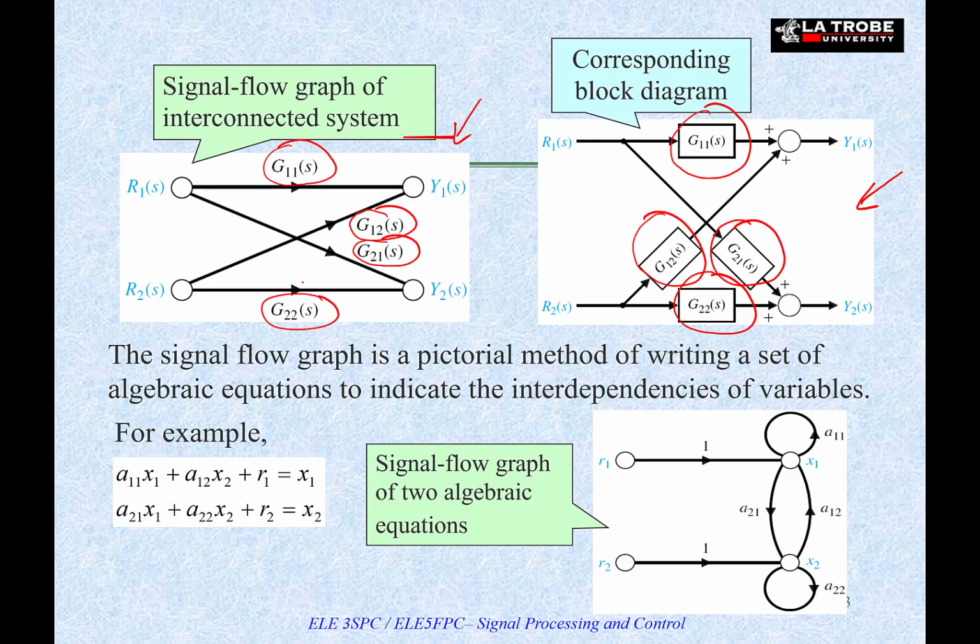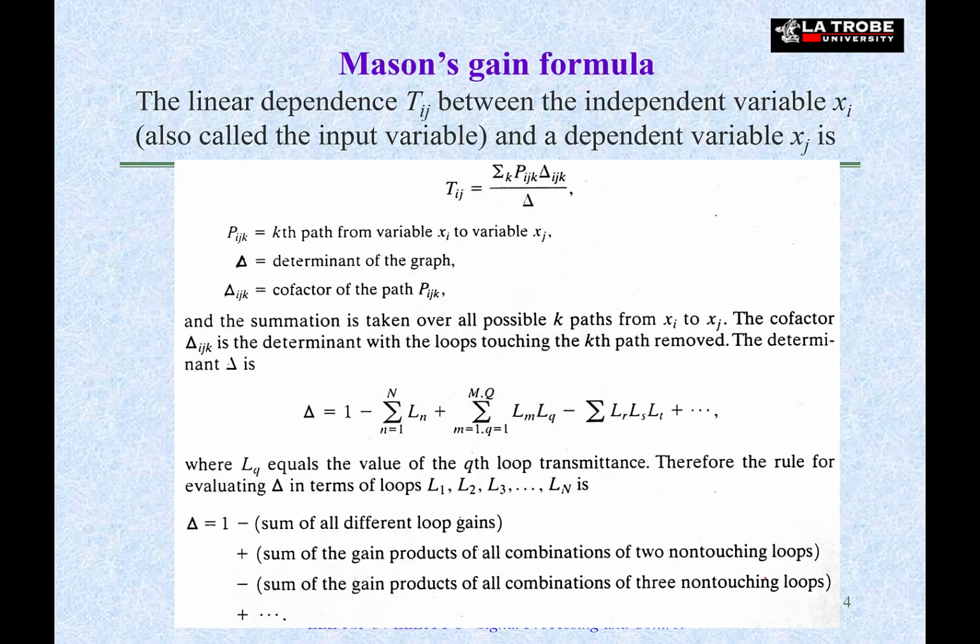On the bottom of this slide, it shows the signal flow graph of two algebraic equations. And the two loops here, they are called self-loops. Associated with any signal flow graph is the Mason's gain formula.